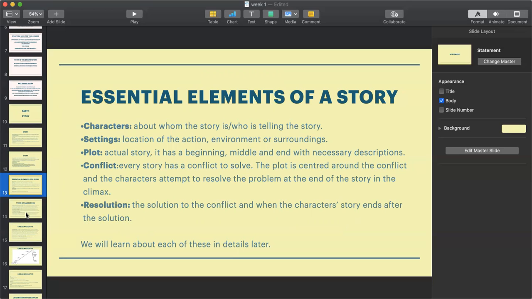Okay. If you are writing a story about two characters inside a room, you have to describe that room. What is there inside the room? Now, for example, your character is a writer. Then you have to talk about his writing desk. There are some papers. There are two pens.